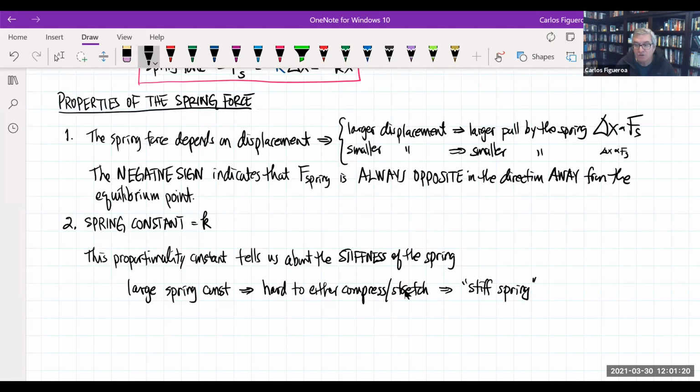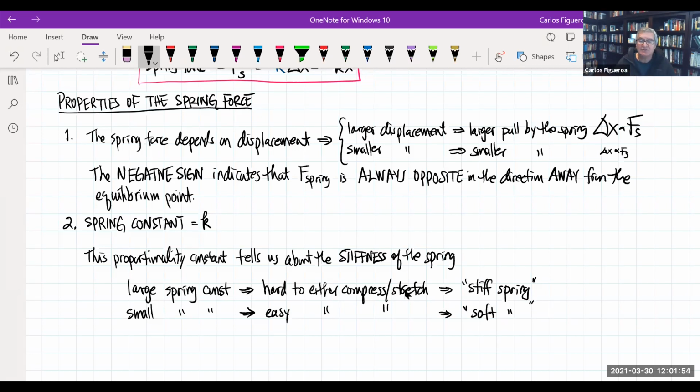So if it's hard to compress or stretch, it's a stiff spring. However, if I have a small spring constant, what you're going to find here is that it's easy to do that. And so therefore, you're going to have what we call a soft spring.